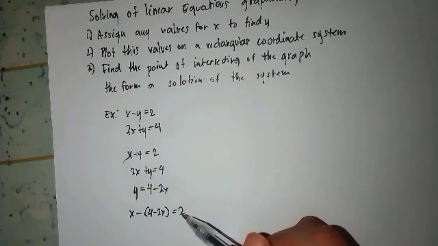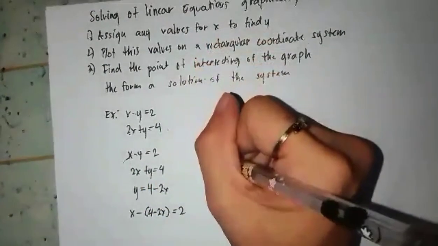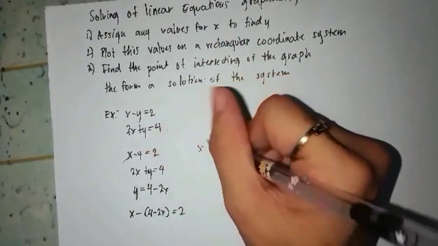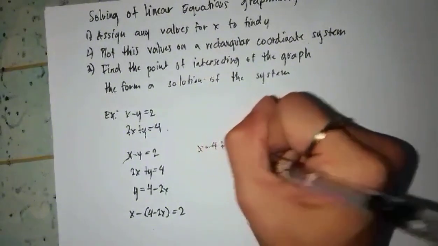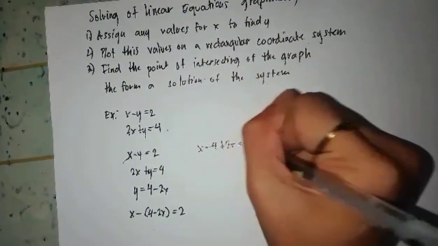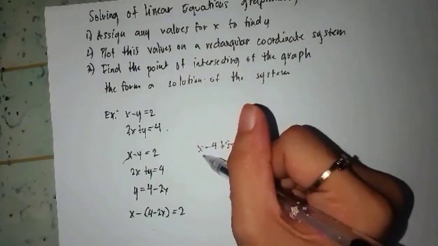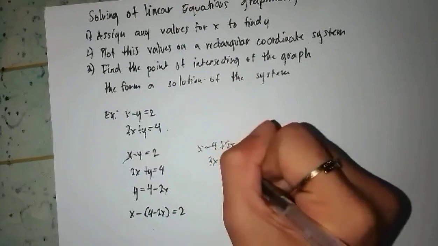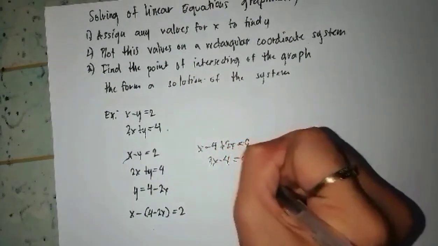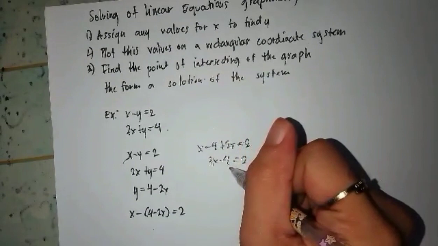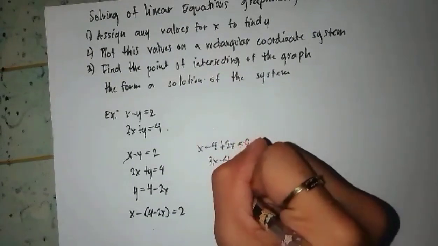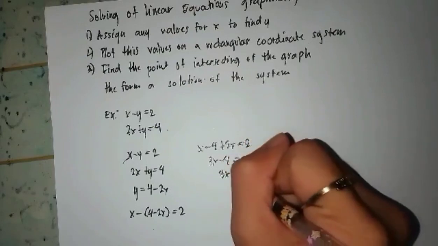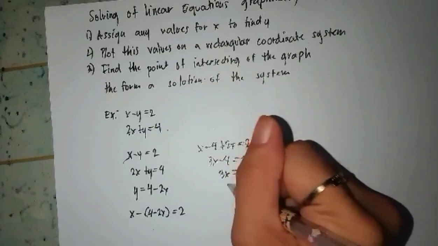And then sa pag-solve na to mahimo ni siyang x, tanggalan na to ang parenthesis, x plus 2x equals 2. So, mahimo ni siyang same na lang variable, 3x minus 4 equals 2. Ibali na to ang 4 diri kay ang ipangita na to diri is ang x.